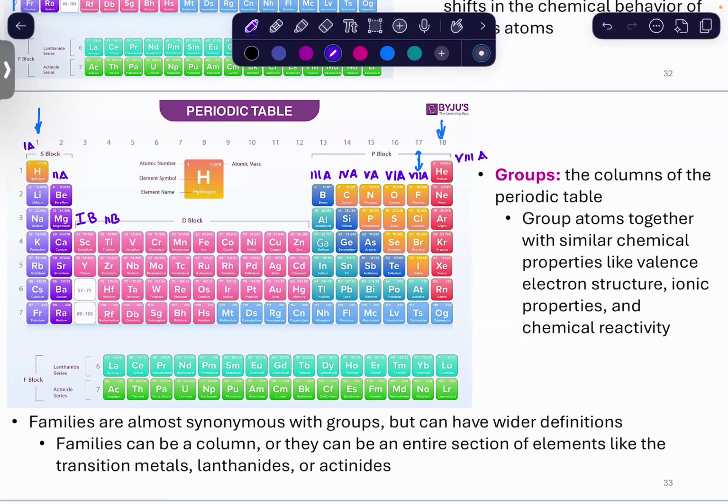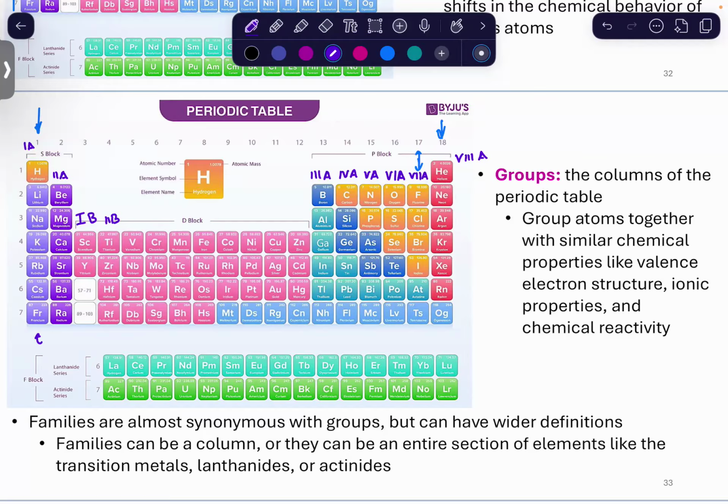These groups are going to put together atoms that have very similar chemical behavior, valence electron structure, and ionic properties. There's also a thing called families. Families can be synonymous with groups, so this first column is a family, and we'll talk about that. But families can also be more general.